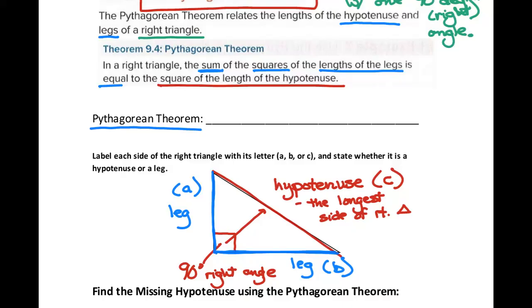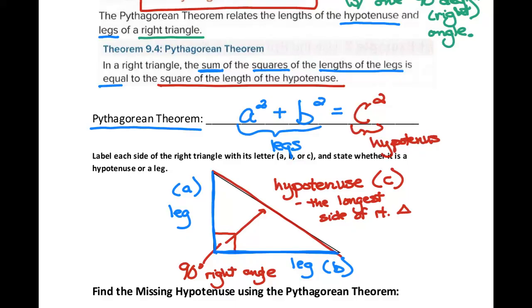It's kind of what the scarecrow says in The Wizard of Oz after he gets a brain. I don't know if you remember that, but it is this. So A squared plus B squared is equal to C squared, where A and B are your legs and C is the hypotenuse.